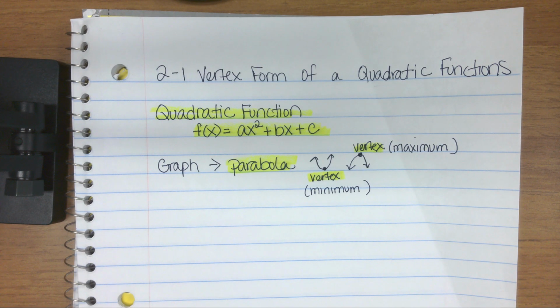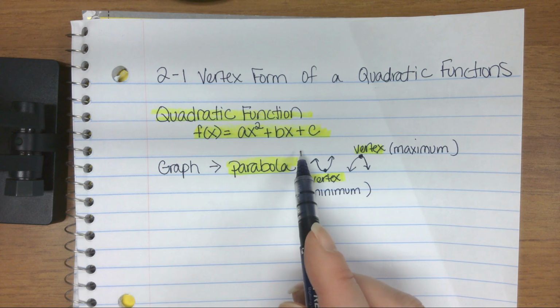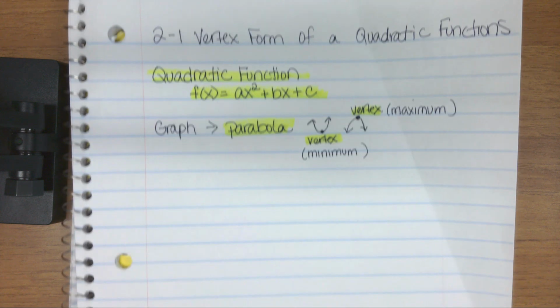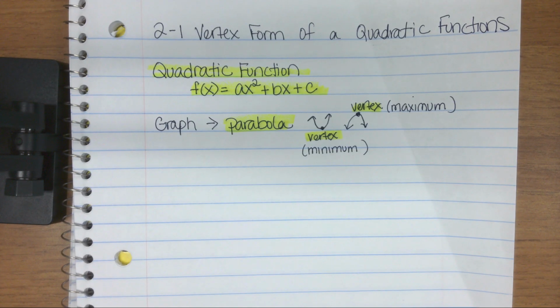Then, we're going to study three forms. Standard form we'll get to. We're going to study vertex form today, because that's probably the one that relates most to what we've done already.